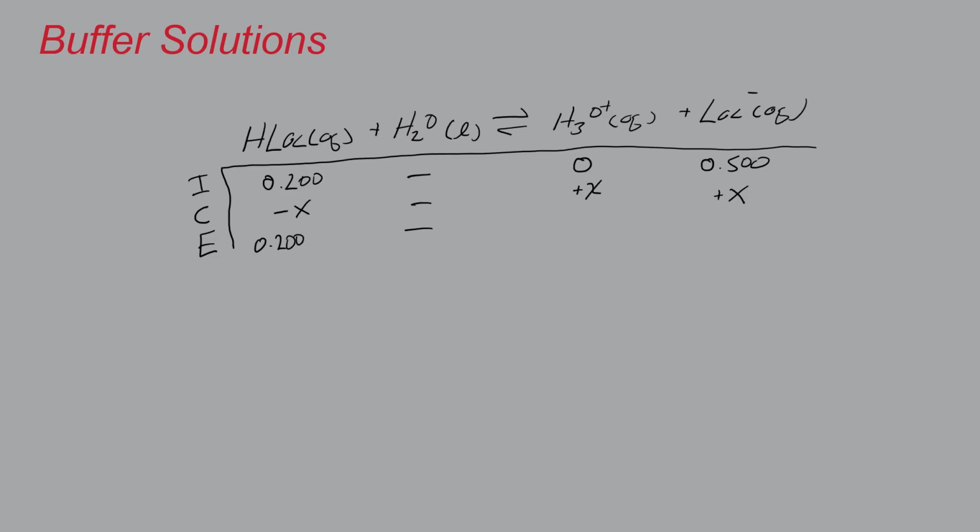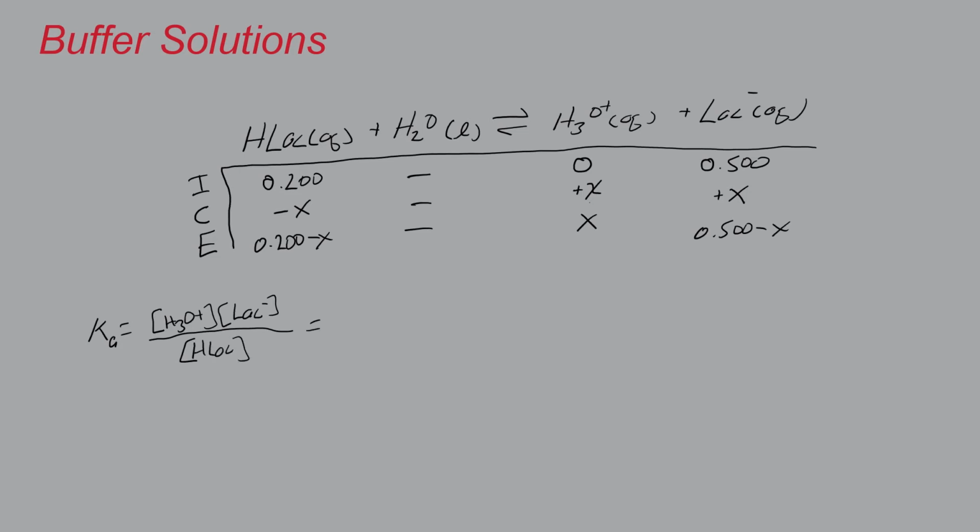Which gives us at equilibrium 0.2 minus x mole of lactic acid and 0.55 minus x mole of lactate. And again, just set up the equilibrium constant expression here. So Ka is going to be the equilibrium hydronium concentration times the equilibrium lactate concentration divided by the equilibrium lactic acid concentration.